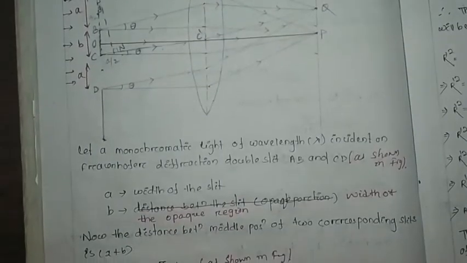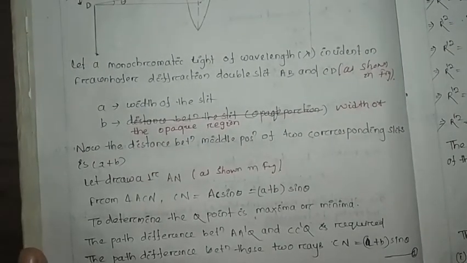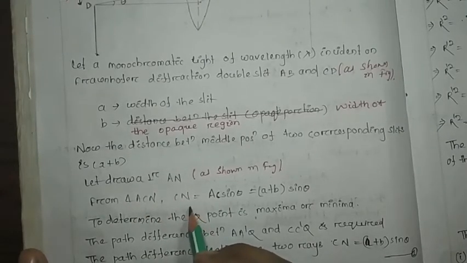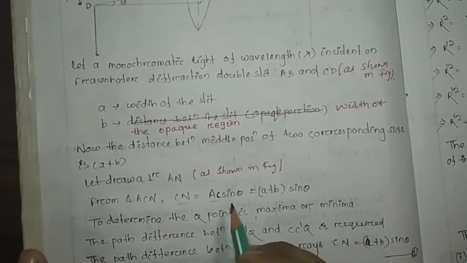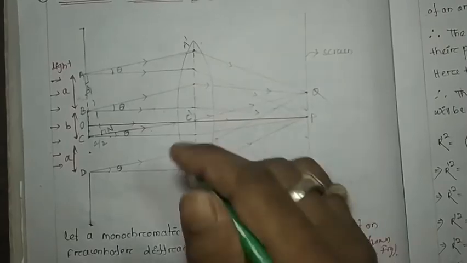Now from the triangle ACN, CN will be AC sin theta. Have to cross check that.